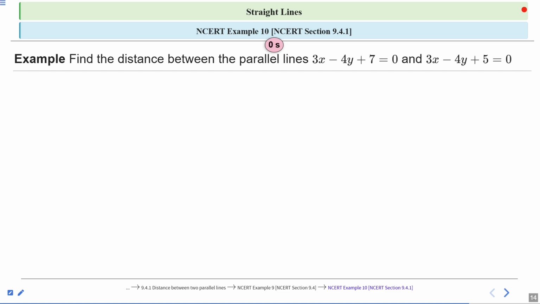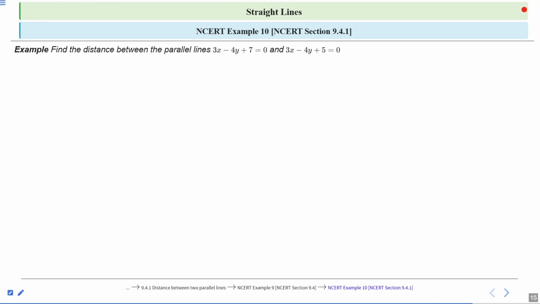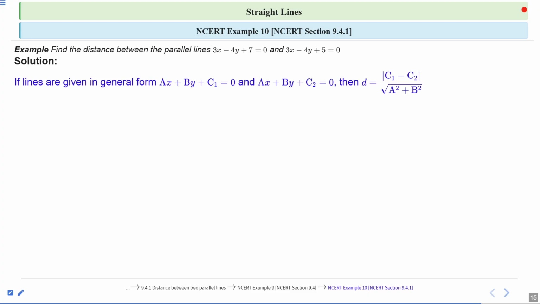Okay, now we will see the solution. We have to find the distance between the parallel lines 3x - 4y + 7 = 0 and 3x - 4y + 5 = 0. Let us see the solution.